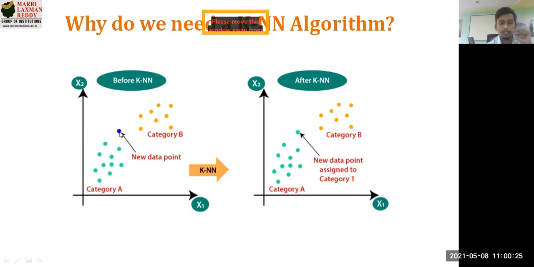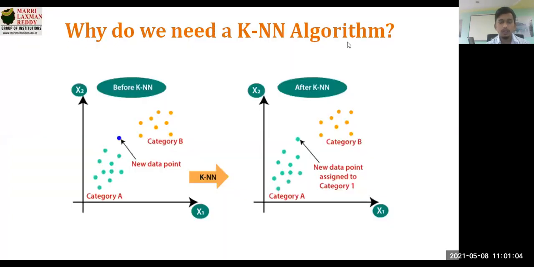This blue dotted point is a new point, and before KNN it doesn't belong to either category A or category B. The main role of KNN is to identify which class it belongs to. Let's look into that slowly.